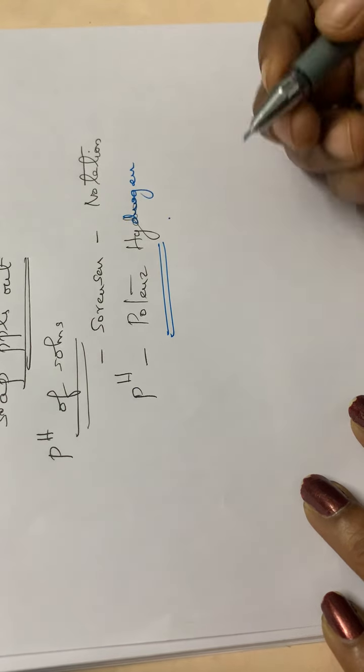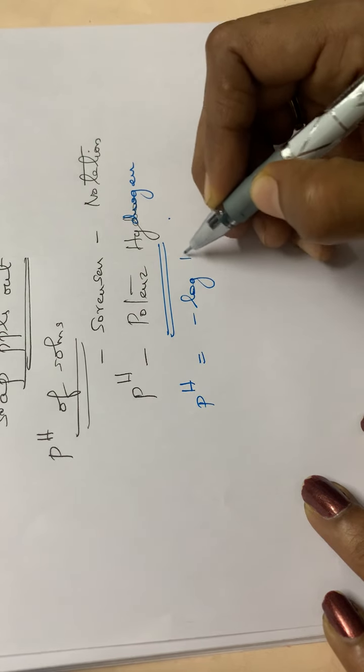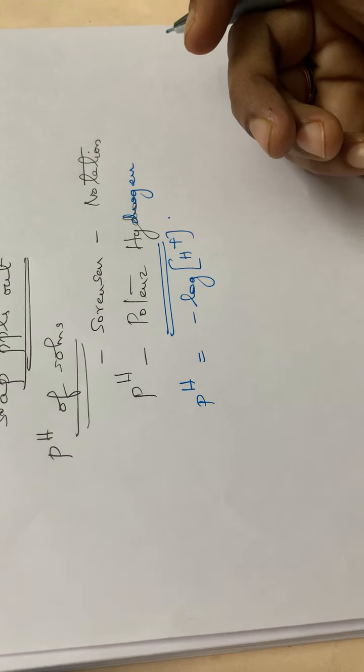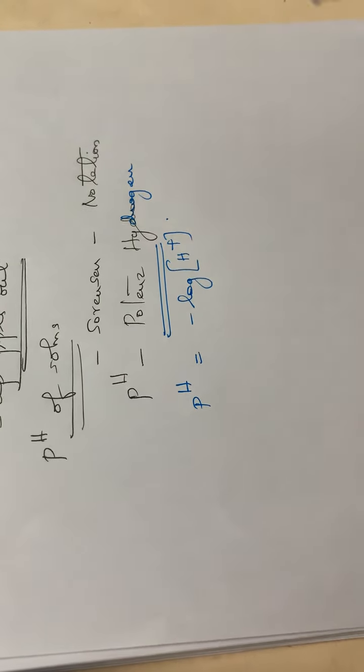Okay, and the formula for calculating pH is minus log H plus. These you all know, I'm just mentioning. You have to read this also. pH is equal to minus log H plus.